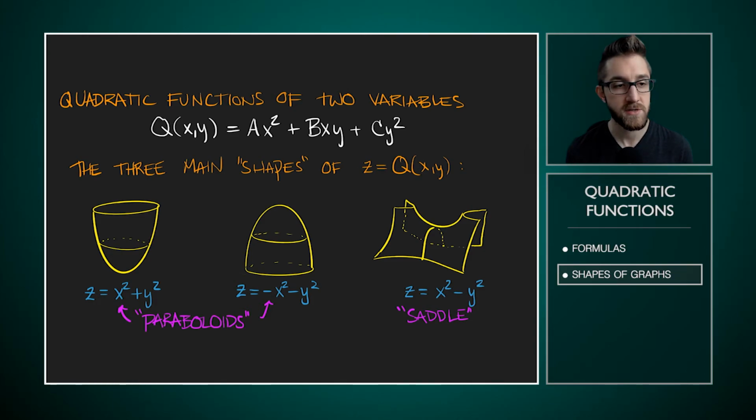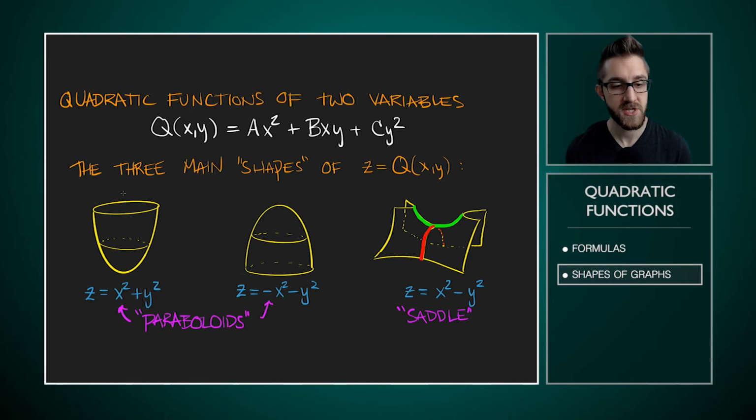And the thing that I want to draw your attention to for this shape is that what distinguishes the saddle shape from the other two shapes for quadratic functions is it has these two parabolic traces. So it has a parabola going this way in green and another parabola going this way in red. It's got these two parabolas that are facing in different directions.